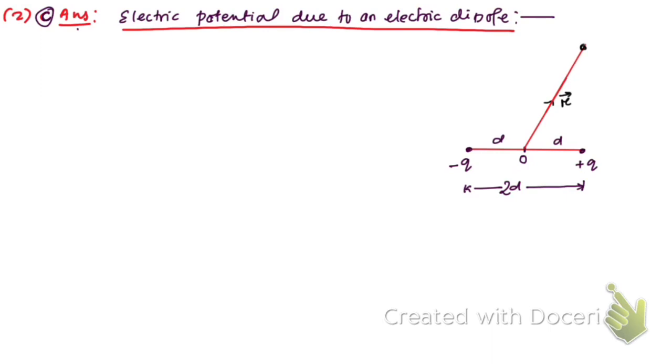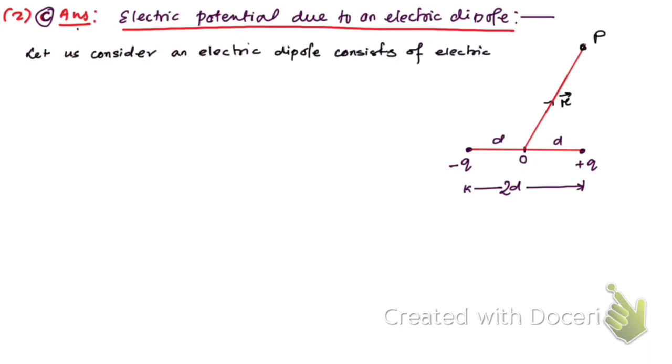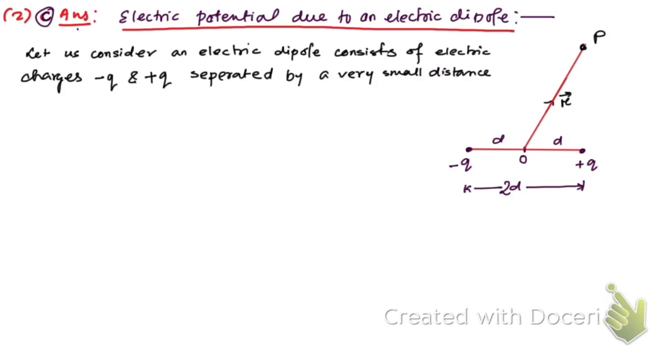Here we need to find the electric field. Now let us consider an electric dipole consisting of electric charges minus q and plus q separated by a very small distance 2d, suppose.